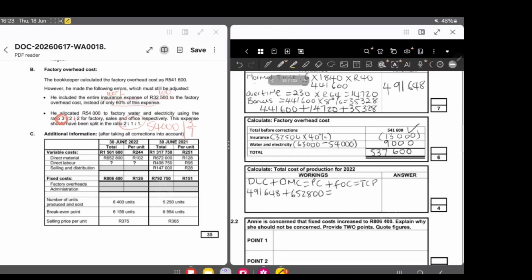Then it's going to give us a total of 1,144,448. And then after that, we add our factory overhead cost of how much? The total is 537,600 here, the previous question. And then now it's giving us a total cost of production of 1,682,048 rands. This is how much I got.